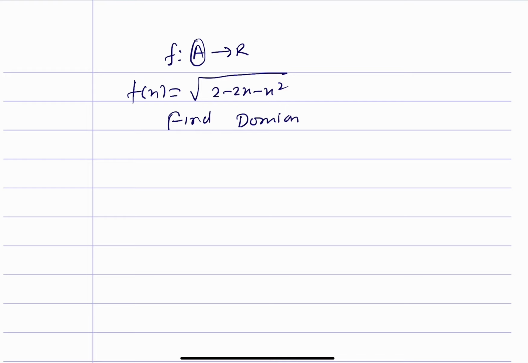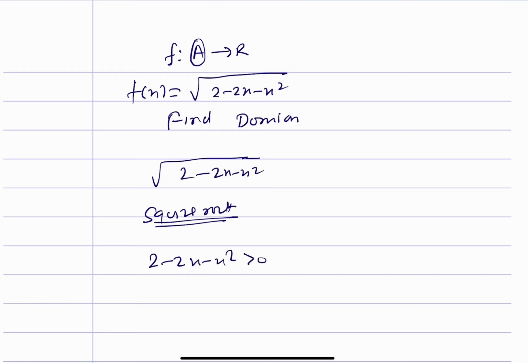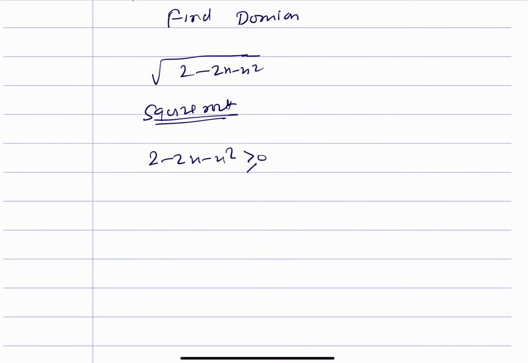So what we need to do: we have 2 minus 2x minus x square, and we know that a square root is defined only for positive values. So 2 minus 2x minus x square has to be greater than or equal to 0.